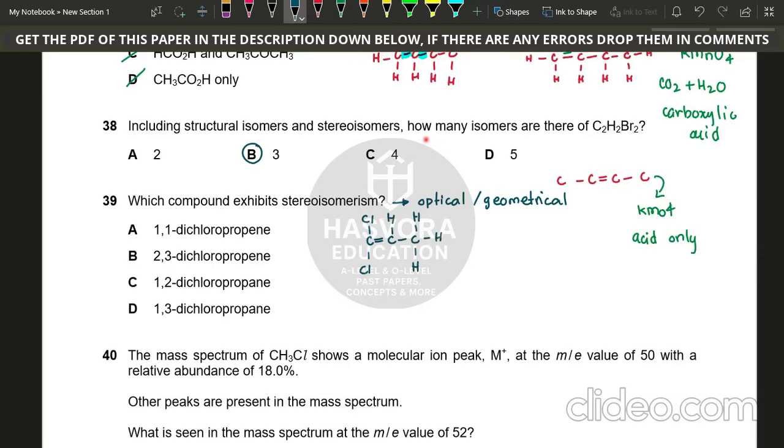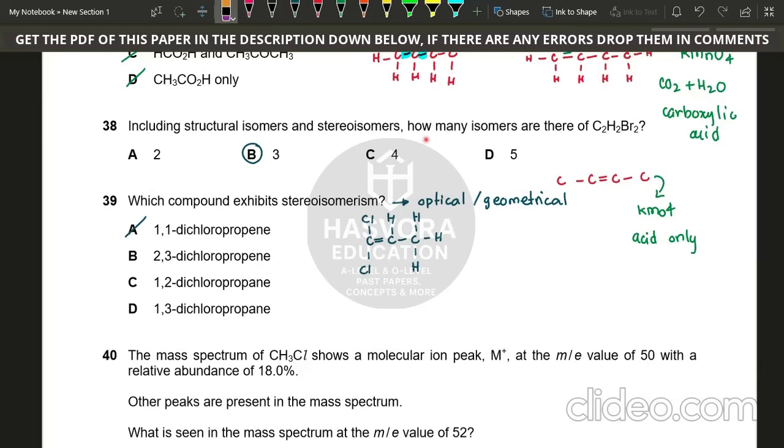So you can see that for the cis trans to be possible, we should have 2 different groups. Here we only have the same type of groups, chloride, that are bonded to the first carbon. So it means that geometrical isomerism is not possible, and for the optical isomerism you can see that there is no carbon that is bonded to 4 different groups.